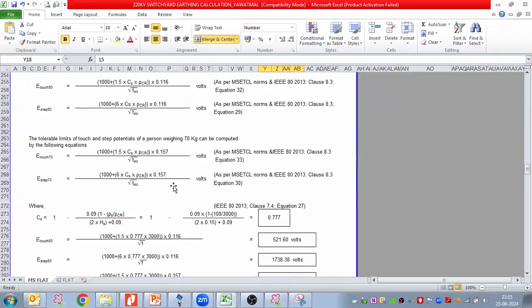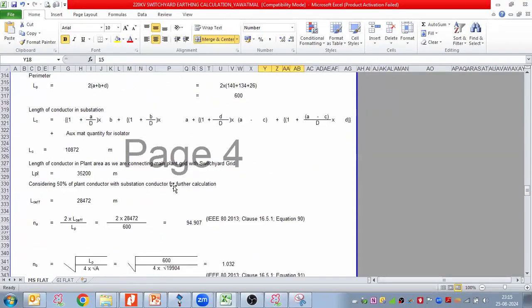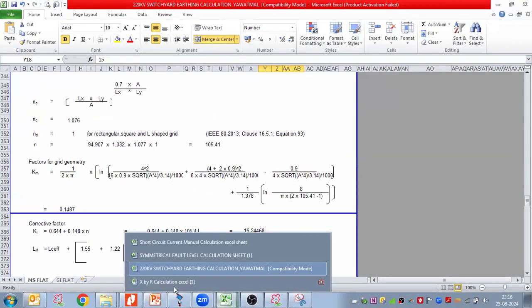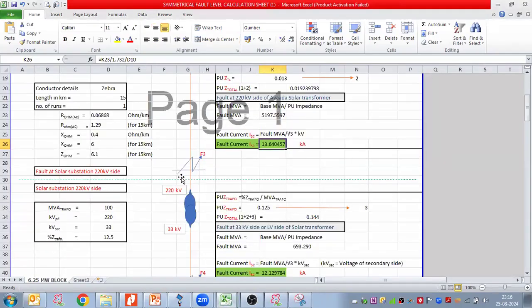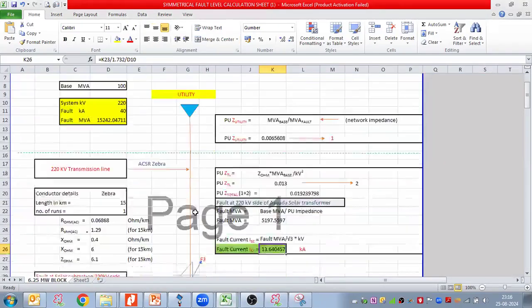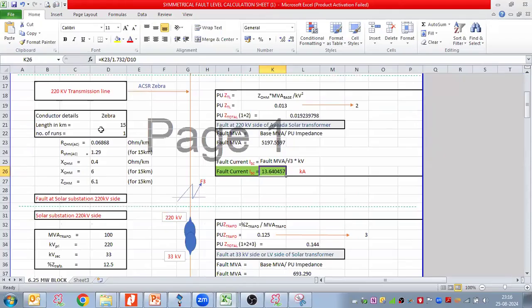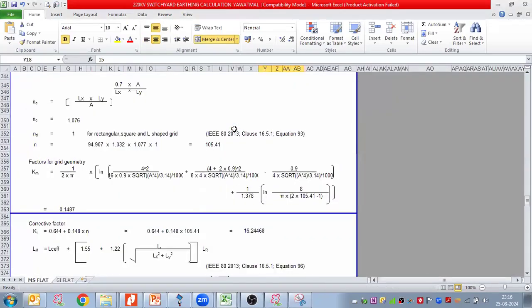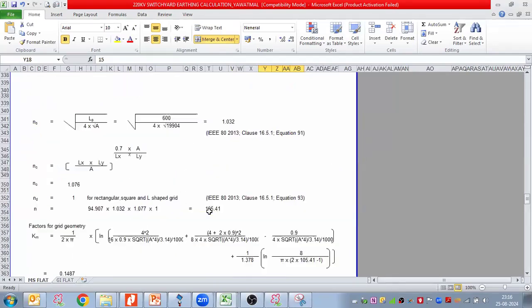So the clarification: why did I take 15 kiloampere, why not 40 kiloampere? Because 40 kiloampere is the grid short circuit rating. At the grid, I am connecting a transmission line which has impedance, which is reducing the short circuit current at my solar plant. So at the event of a fault, this current will be injected into the grid. So to optimize, I took that current.